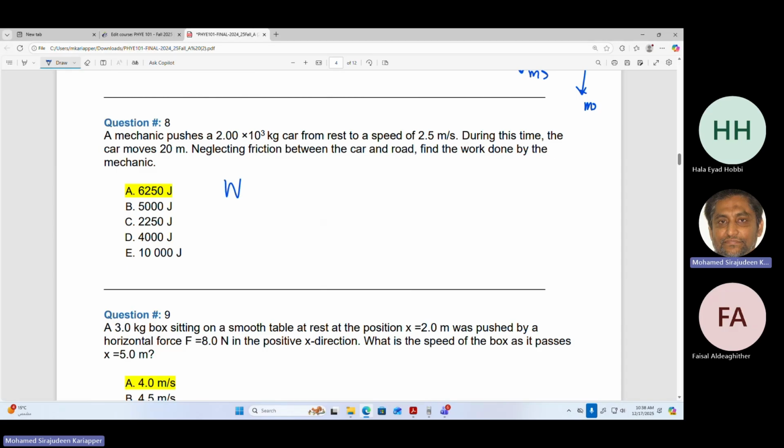Net work is equal to delta K, the work kinetic energy theorem, right? So we know the definition of work by a constant force, and we know the definition of kinetic energy.